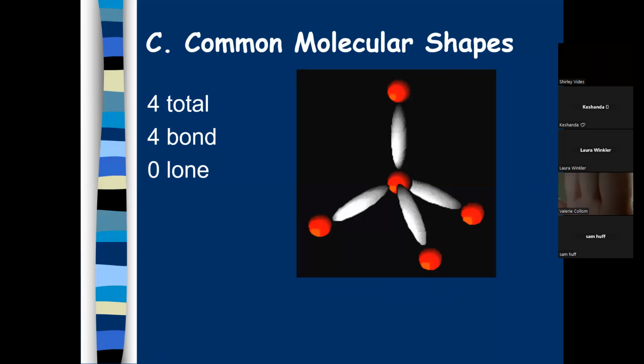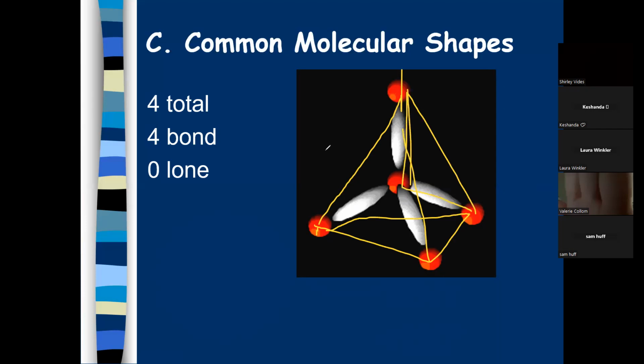Let me see if I can get you to see them. That would be one side. The bottom over here would be another side. This one over here would be another side, and this one over here would be another side. You see that? So that right there is a tetrahedron. So it has 4 sides, and they're all identical. It doesn't look identical there because it's perspective, but it is.